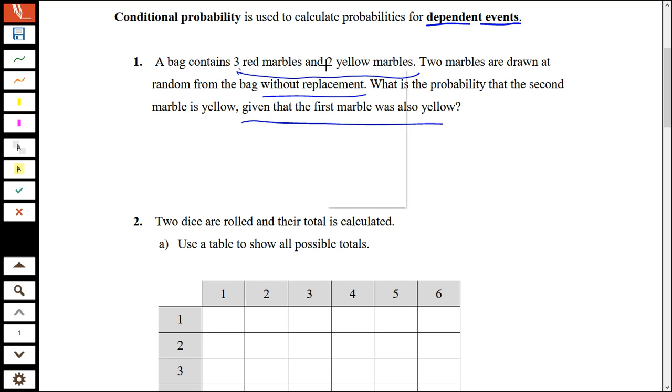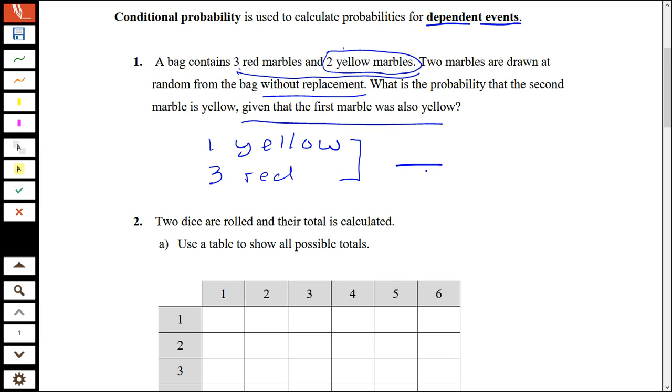Let's think about this. I've got two yellow marbles. If I've taken one out, that means now I only have 1 yellow marble left, but I still have the 3 red marbles that I started with as well. So I've got 1 yellow, 3 reds, and altogether 4 marbles.